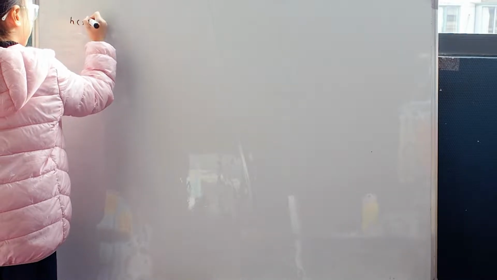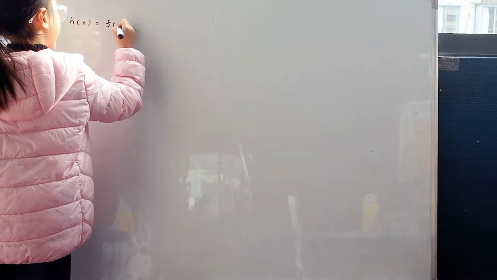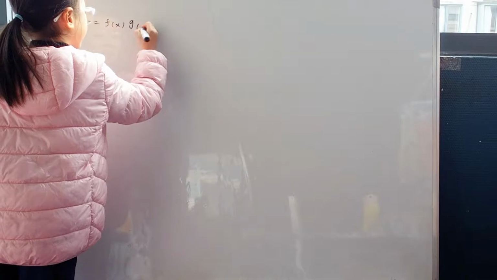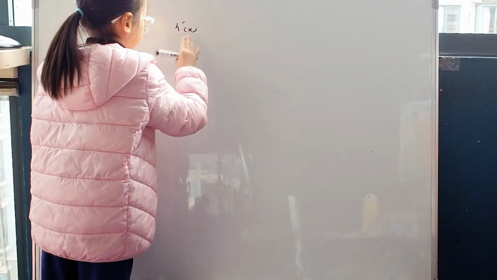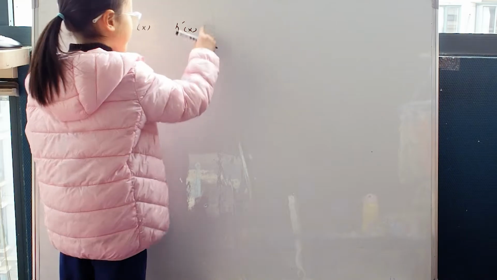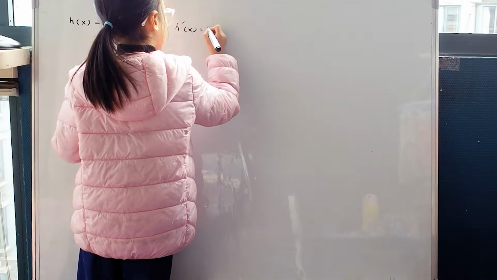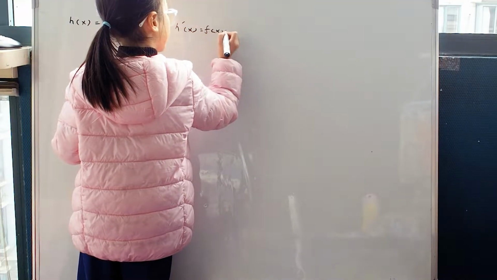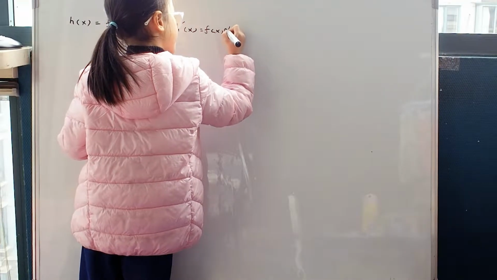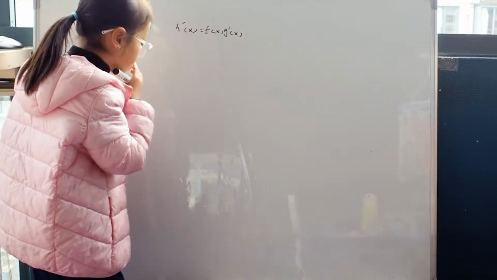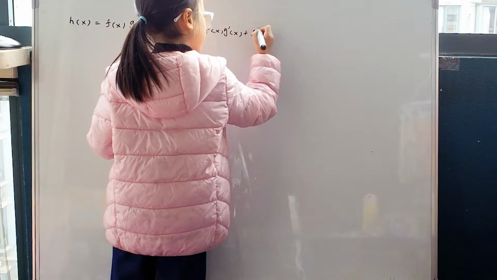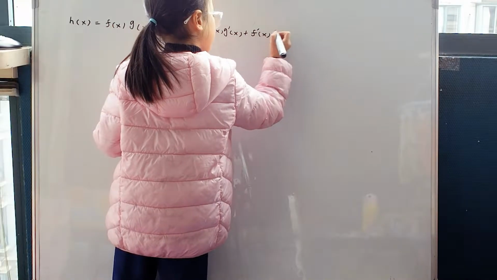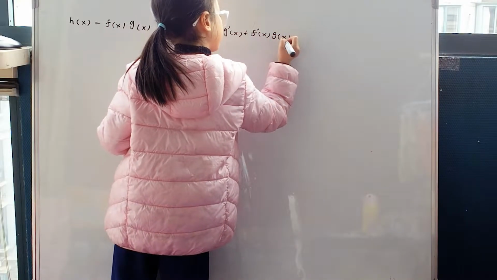When h(x) is equal to f(x) times g(x), the goal is the derivative of h(x) is equal to f(x) times the derivative of g(x) plus the derivative of f(x) times g(x).